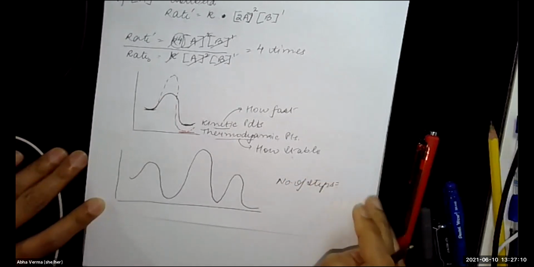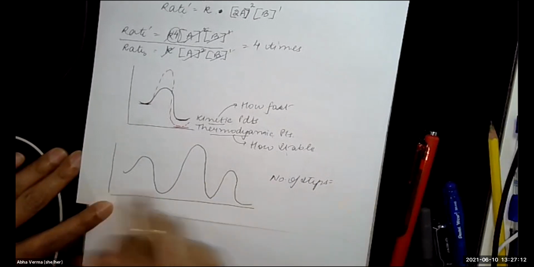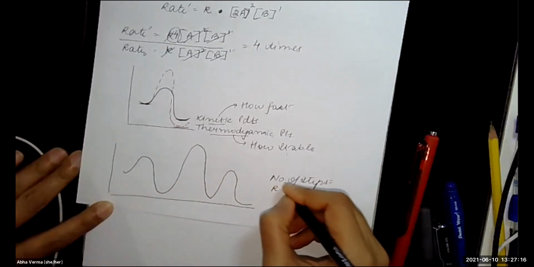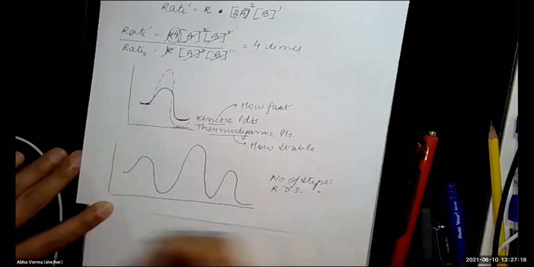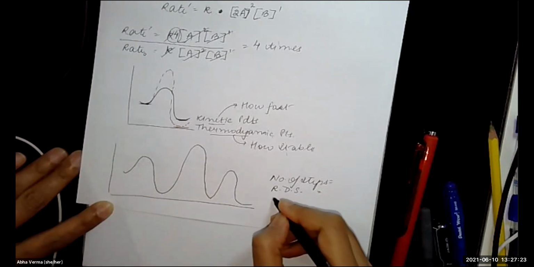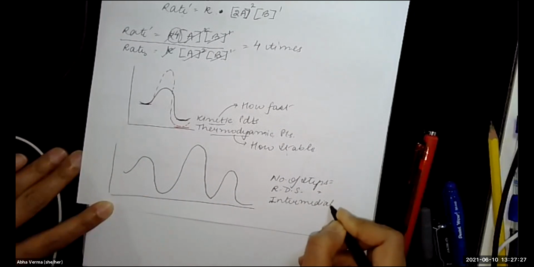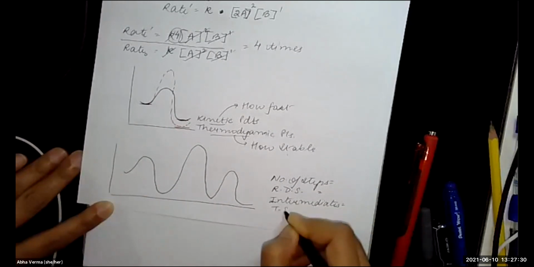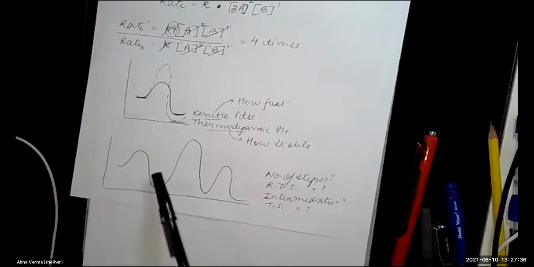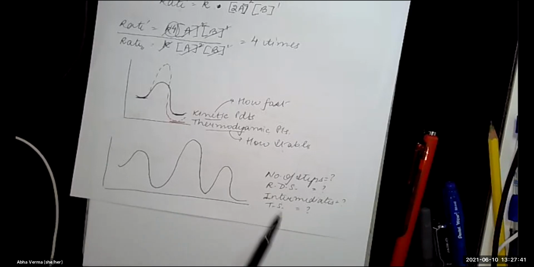All of you should be able to figure out the number of steps in this chemical reaction, which is the rate determining step, how many intermediates I have, and how many transition states I will have here. So go ahead and draw this out and let's talk about this.